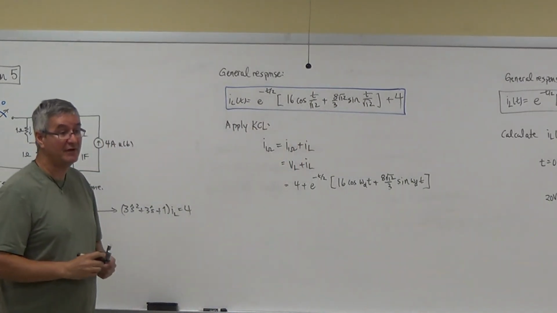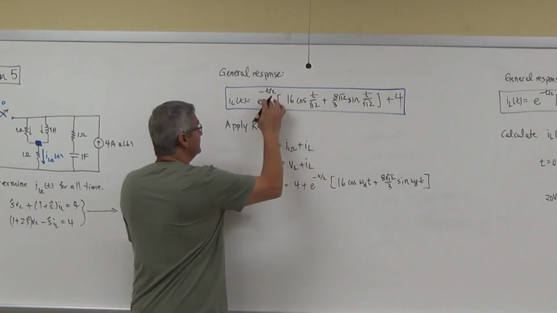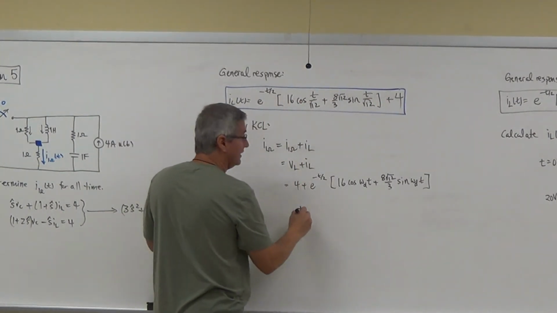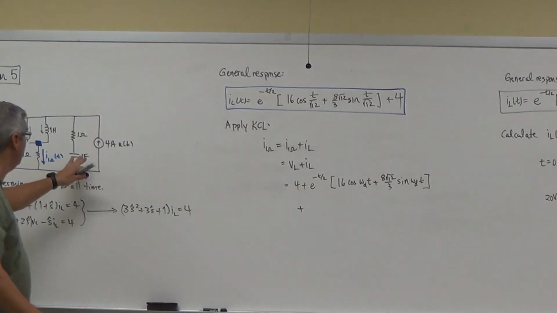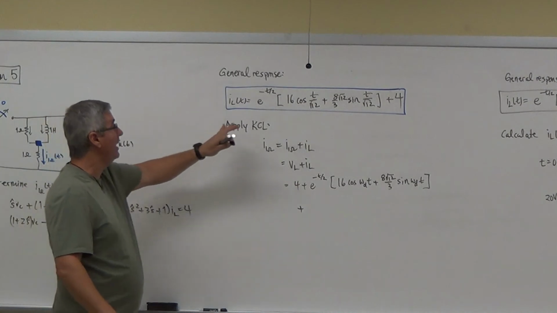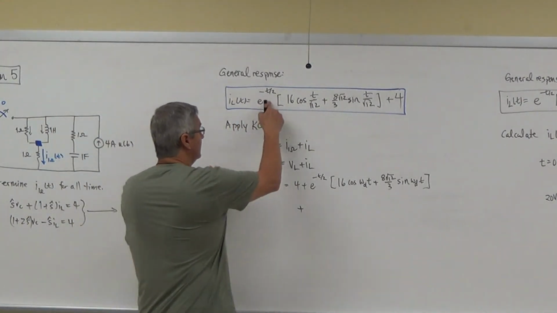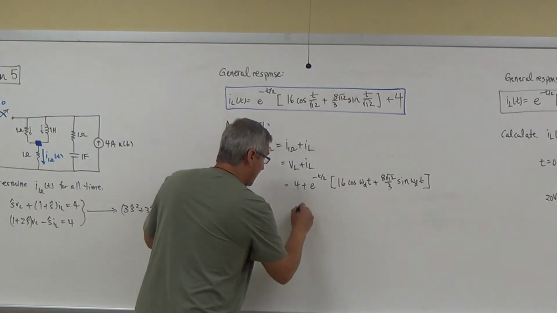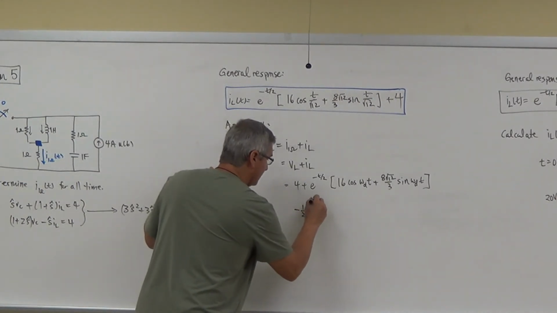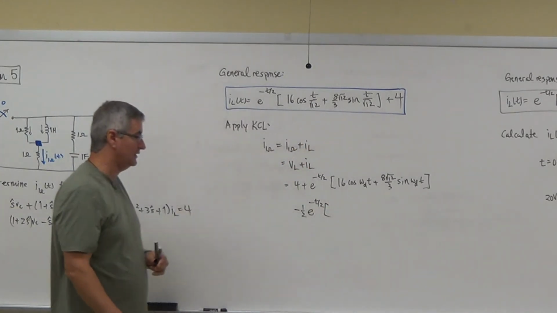And then I have to take the derivative of this guy. If I take the derivative of this guy, it's got to be what? That's gone, it's only this guy. So then this derivative tells me it has to be what? The inductor value is 1, so I don't have to worry about the inductor value. So now I take the derivative of this thing. Okay, here we go. It's got to be minus 1/2 e to the minus t over 2, and then I get this whole thing exactly the same.